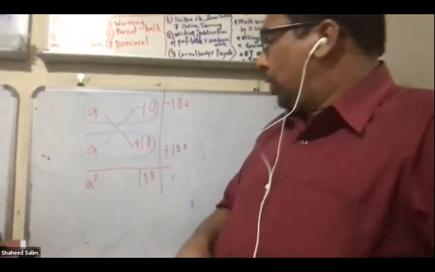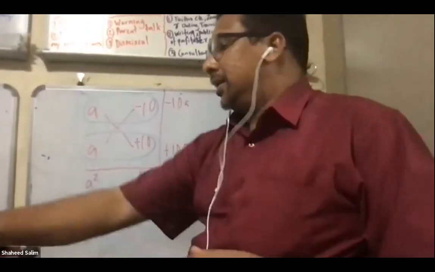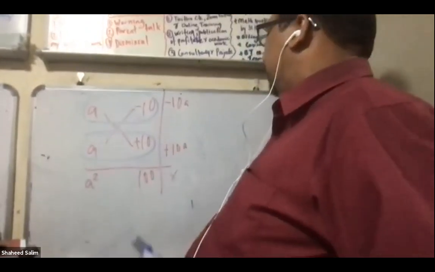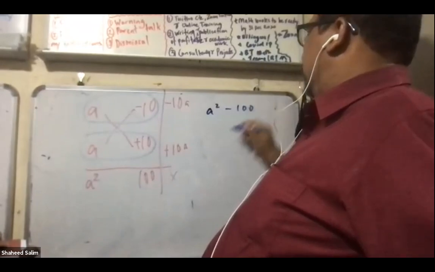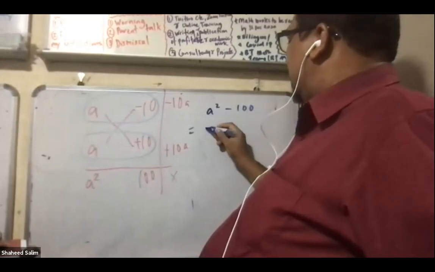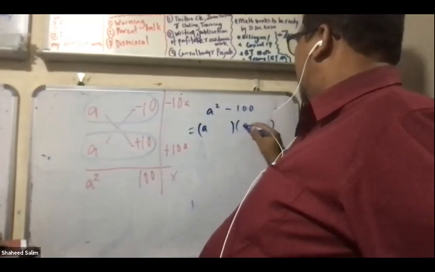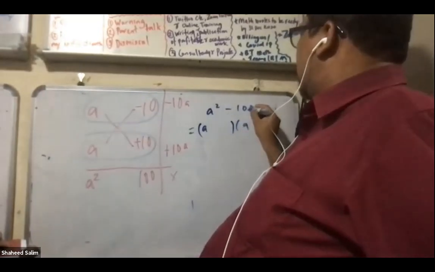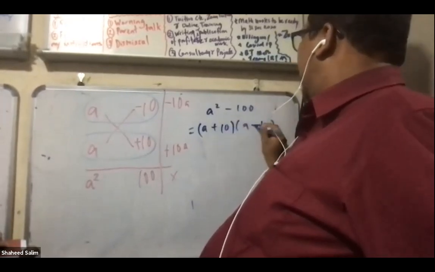But if you can see already the pattern, after a while you can see the pattern. What is the pattern? The pattern now is a squared minus 100. This one now must be minus. This is first term, third term. If you can see that, okay, good. So this is a. Square root of a squared is a. So we can write the a here. Minus 100, the square root is 10. So you put a plus and minus.